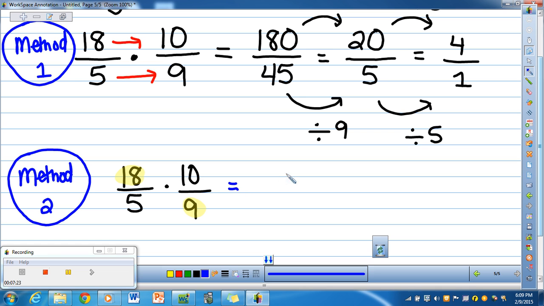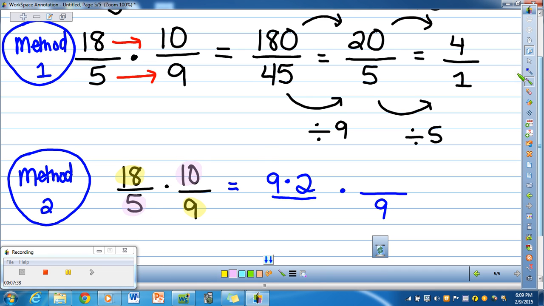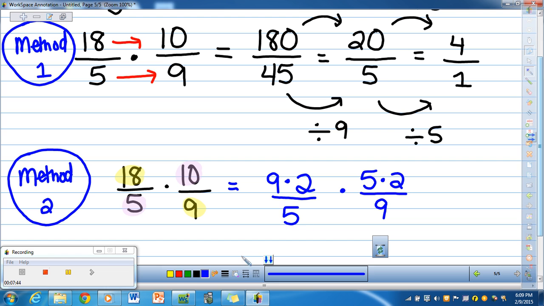We can actually rewrite that as 9 times 2 for the 18, over 9 down there. And then looking at the 10 and the 5, we have a common factor of 5. So let's rewrite the 10 as 5 times 2. Keep the 5 over here.